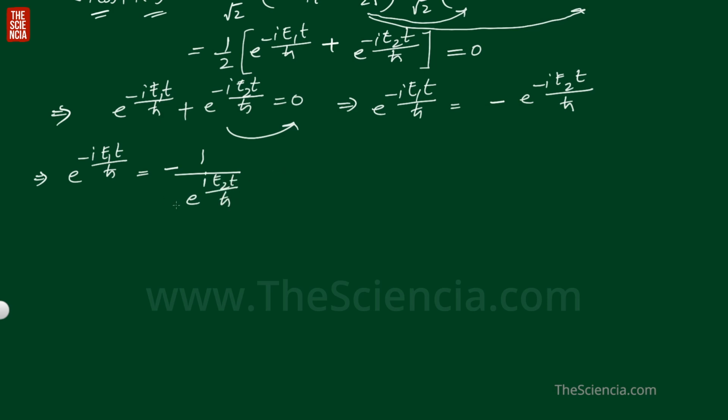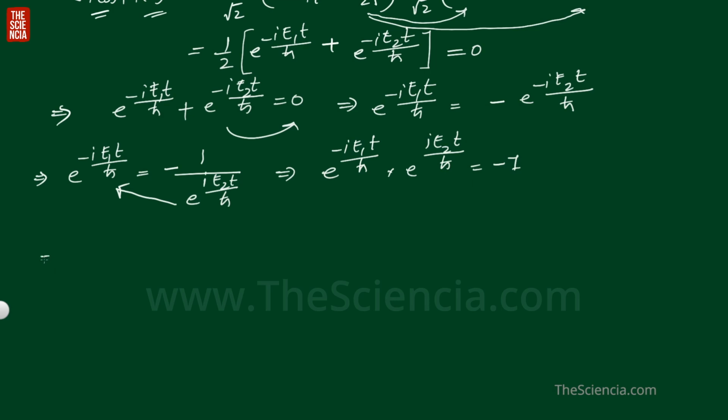Now I can multiply this term to the left hand side, that is, I get e raised to minus i E1 t by h cross into e raised to i E2 t by h cross is equal to minus 1.